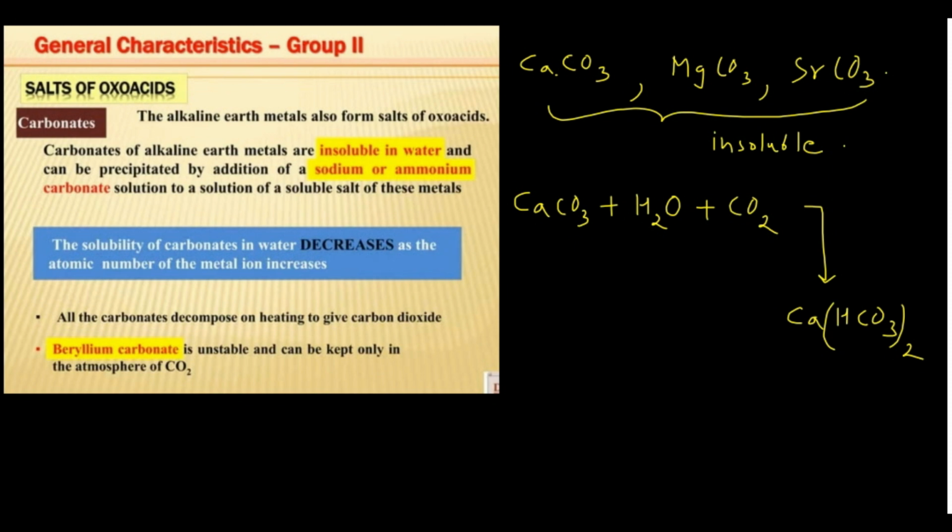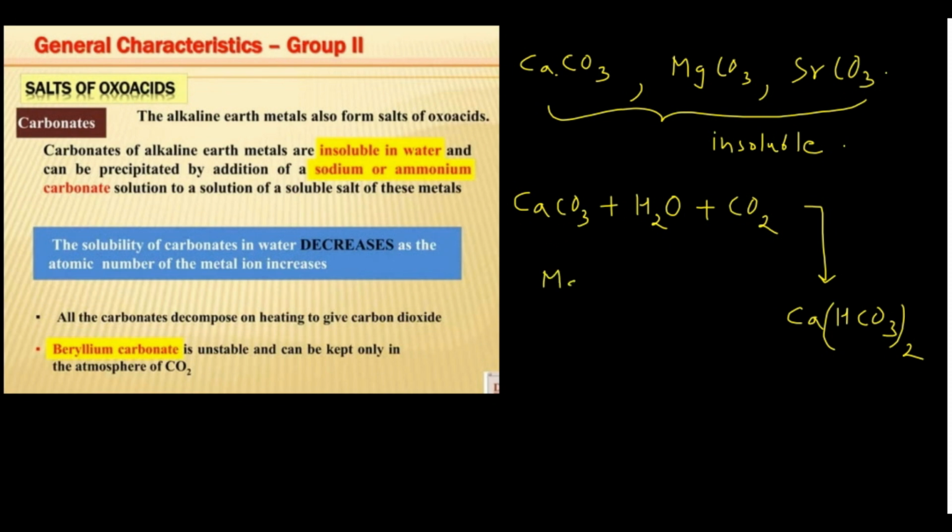What you can do, you can take these carbonates and dissolve them by using this particular method. So this is something very important. Okay, so in this way carbonate dissolves in the water which contains the carbon dioxide. And you should know a very important thing.